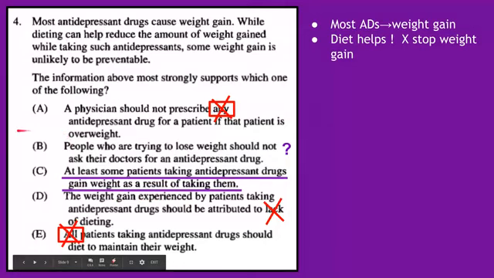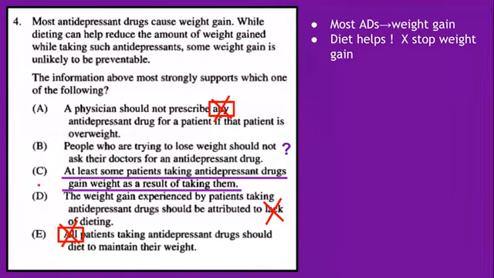So now we're stuck between B and C. And to decide between two answer choices like this, you just need to think which one is the most supported. Whereas with C, it's very clearly supported that antidepressants cause weight gain. With B, it's a little bit less so, because here it's saying they should not ask their doctors.